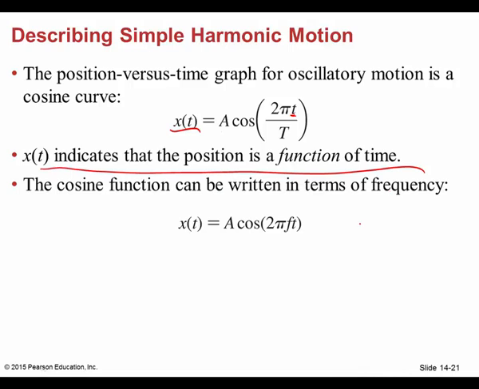So the cosine function can be written in terms of frequency. So we need to write this down, okay? So the amplitude times cosine of 2 pi, the frequency times the actual time interval for that particular moment in time, okay? That's not the period, that's like 5 seconds. Where is x? Where is the position of the object in simple harmonic motion at 5 seconds, okay? That's what we're talking about, okay?